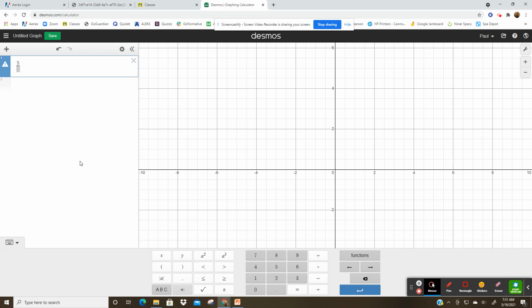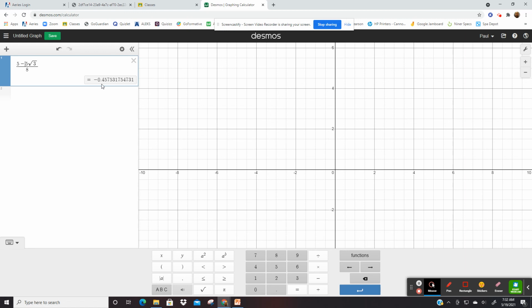So 5 plus 5, and then radical 3, and then that's over 8. So I got 1.70. So I'm rounding to the tenth, so I just look at the 0, so it's going to say 1.7. I'm going to make it a minus now.